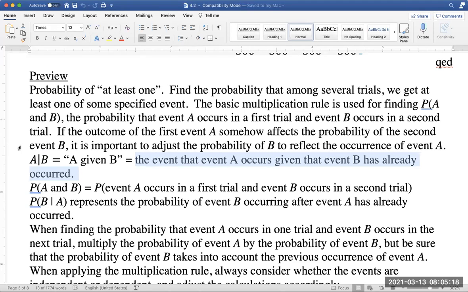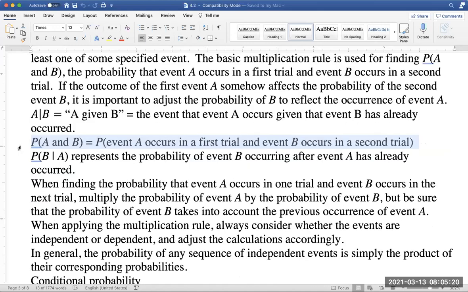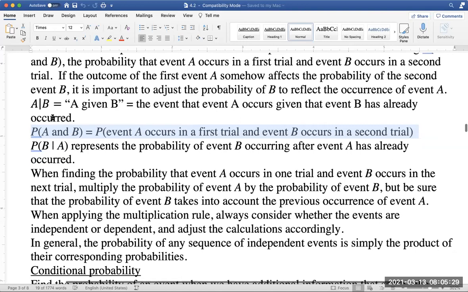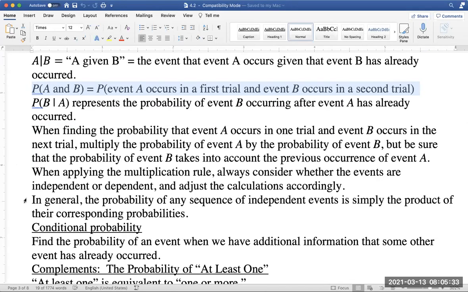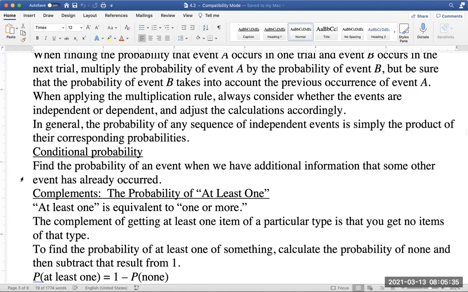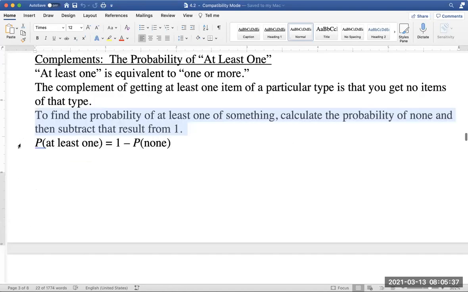So when you say A and B, that's the event that A occurs and that B occurs. Recall that the probability of at least one is easier to find by looking at the complementary event.